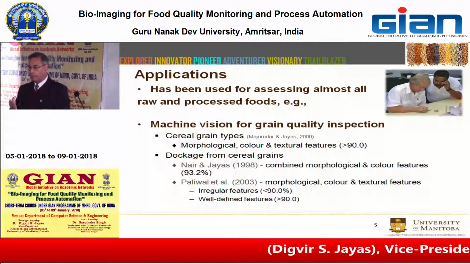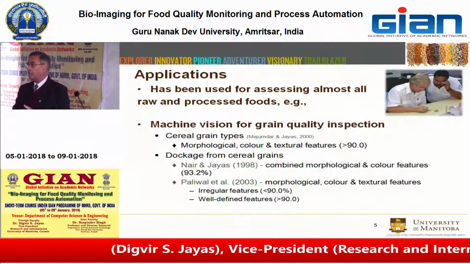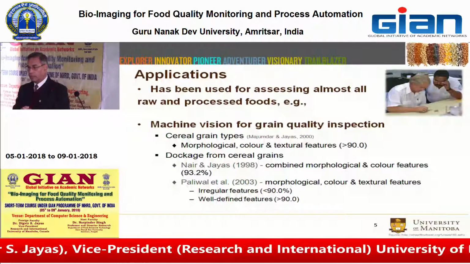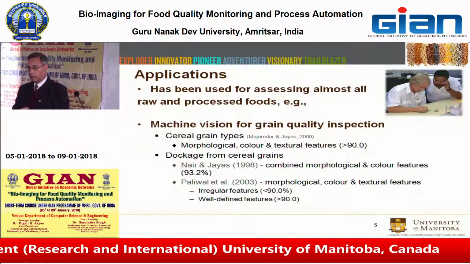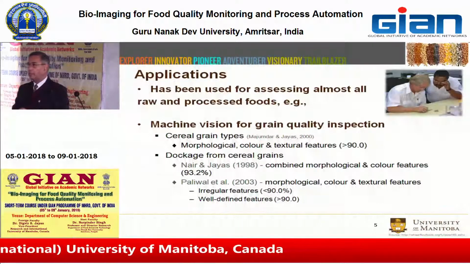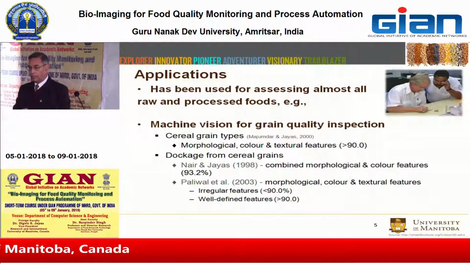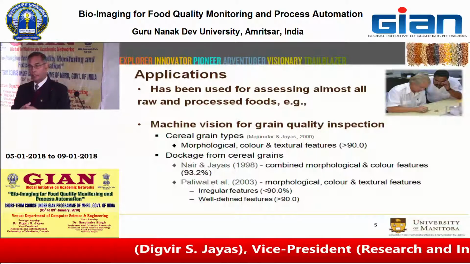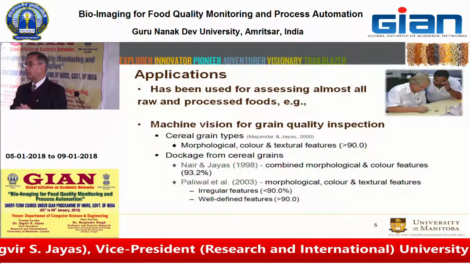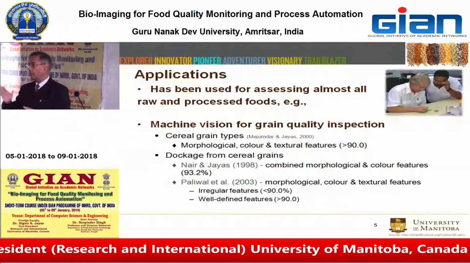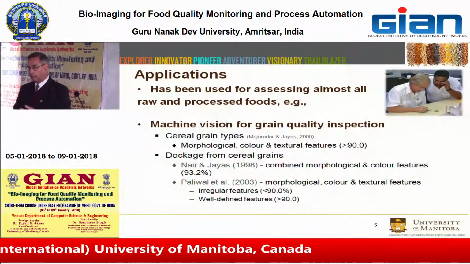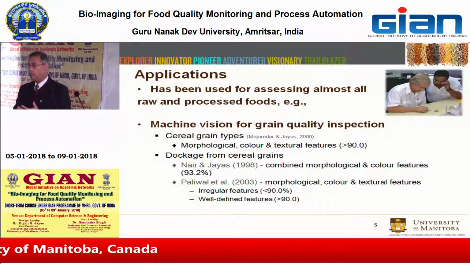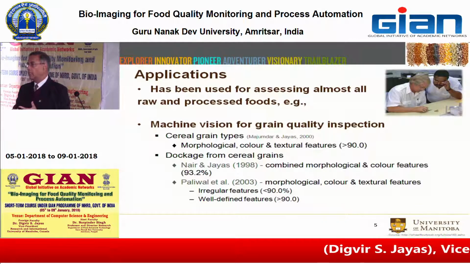For example, the Majumdar and Jayas publication in 2000. He did a PhD in the machine vision area with the group, and looked at the morphological, color and textural features for identification of different grain types, and received accuracies of more than 90% in identifying the grain types correctly. The grain types he was looking at were wheat, barley, durum wheat, rye and oats.